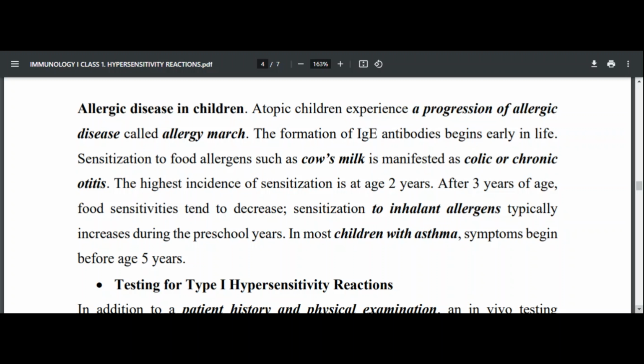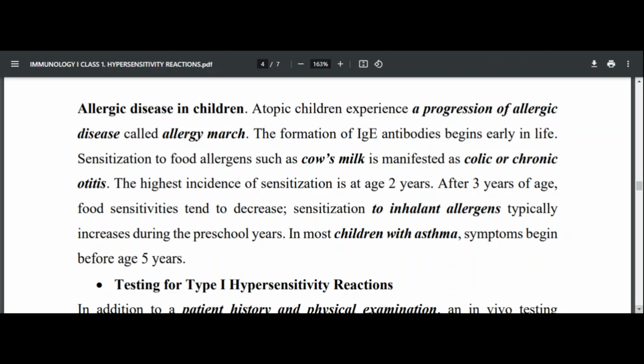Sometimes young children also experience allergic reaction to cow's milk, but it happens between 2 to 3 years of age. But children who are really food sensitive, and most commonly children with asthma, still experience symptoms anytime before age of 5.